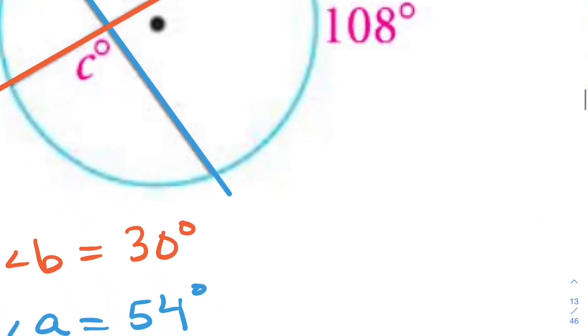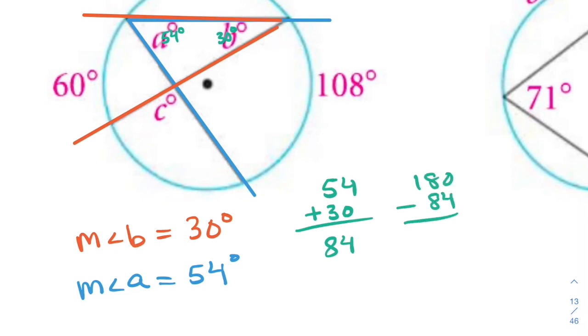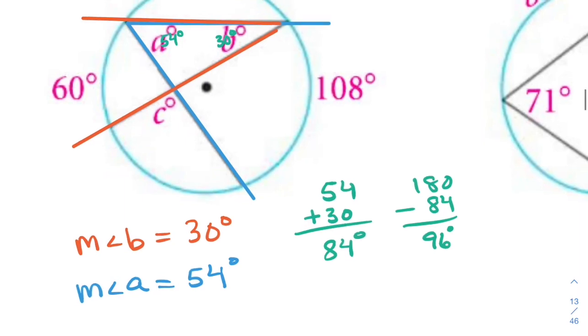So 54 plus 30 is 84. So I'm going to do 180, take away 84 is 96 degrees. So this angle here is 96 degrees. And because they're vertical, C is also equal to 96 degrees.